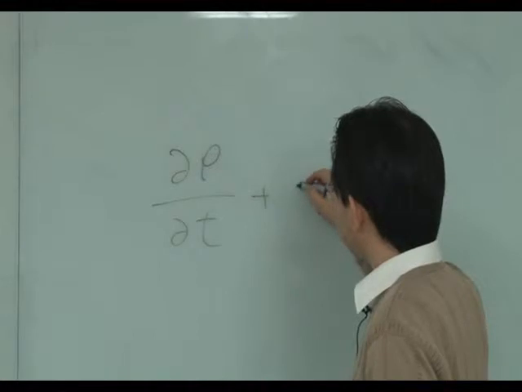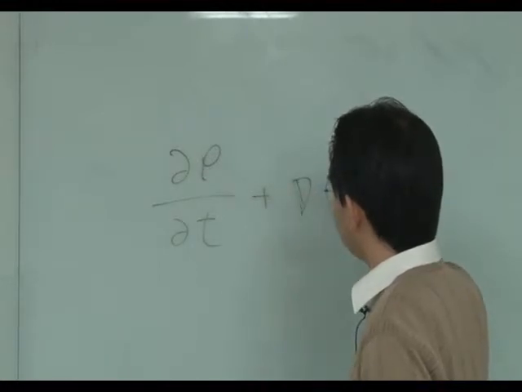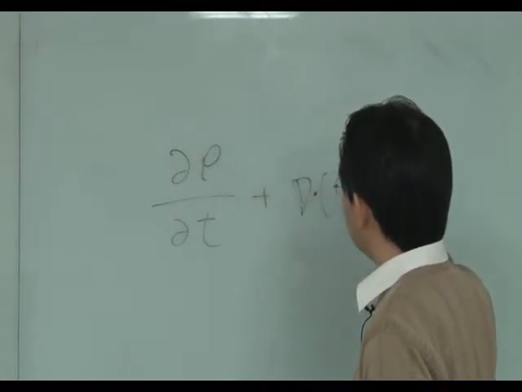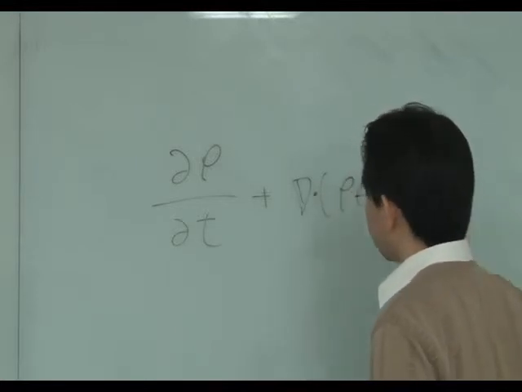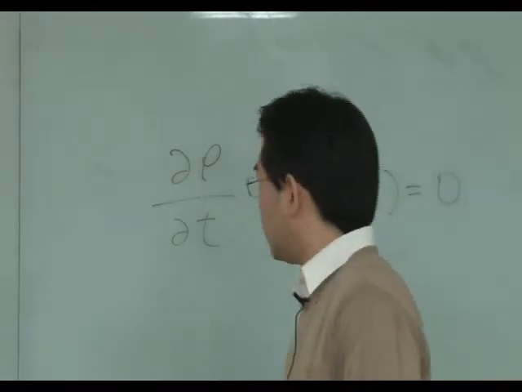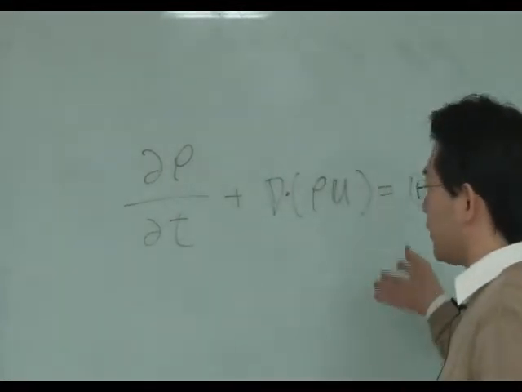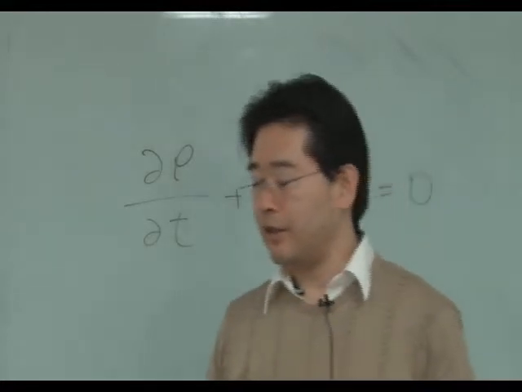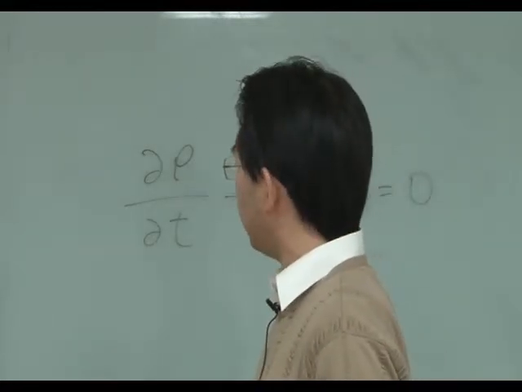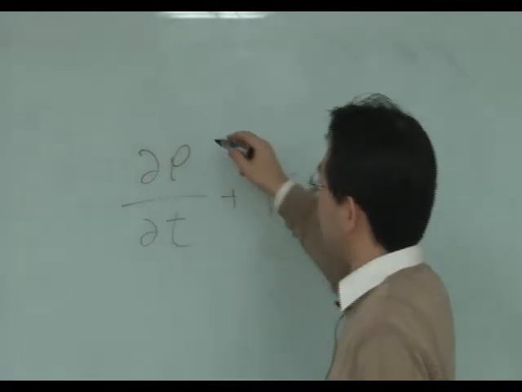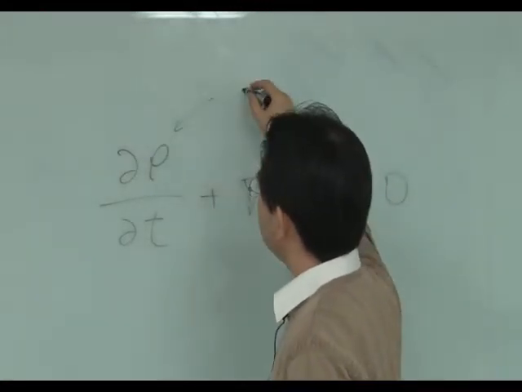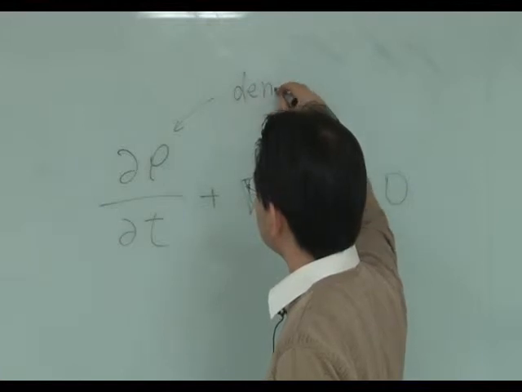It is the divergence of mass flux. The equation is the same as the mass conservation law, but in this case, rho is the density function.